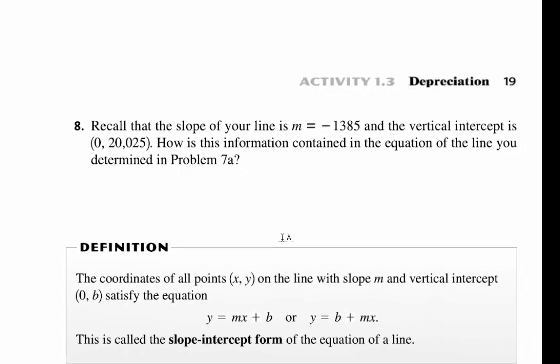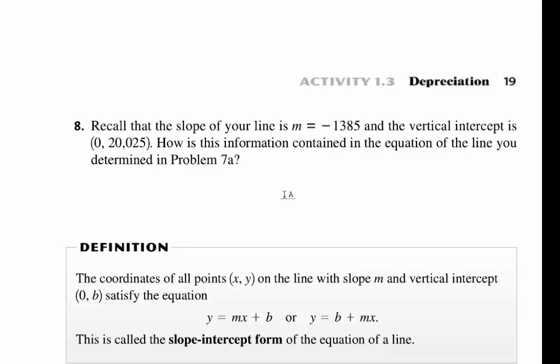So question 8 says, recall that the slope of your line is m, which is negative 1,385, and the vertical intercept is the point 0, 20,025. And the book asks, how is this information contained in the equation of the line you determined in problem 7a?